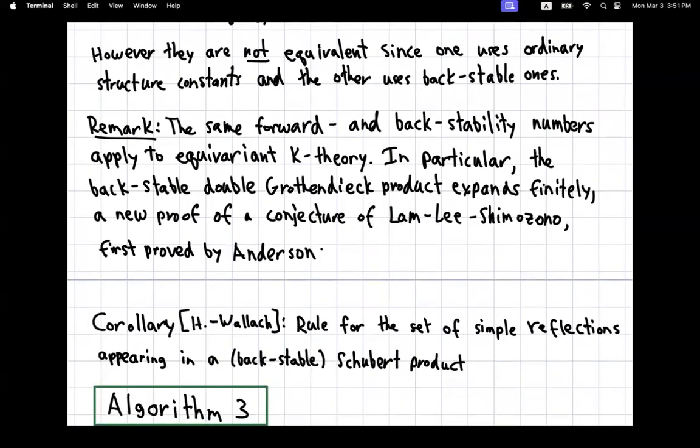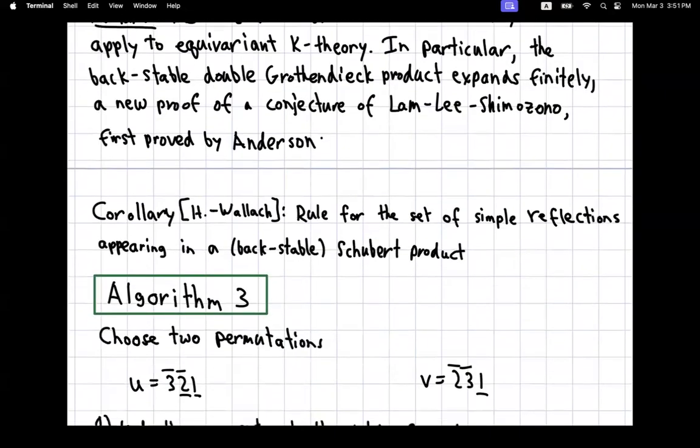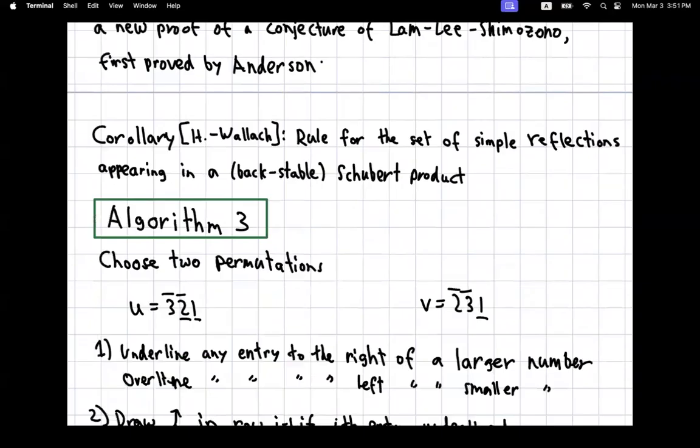Okay, and so here's another corollary, which is you can use the same ideas as the back stability number and the forward stability number to say exactly what the set of simple reflections appearing on the right-hand side of a Schubert product are. And these are in some sense equivalent in that if I know the forward stability number and the back stability number, then I know the simple reflections corresponding to those extremal elements.